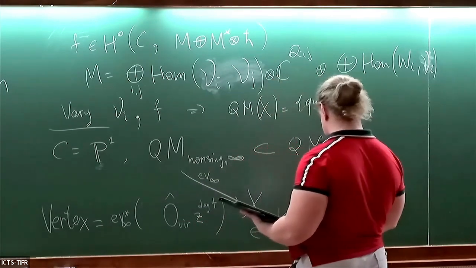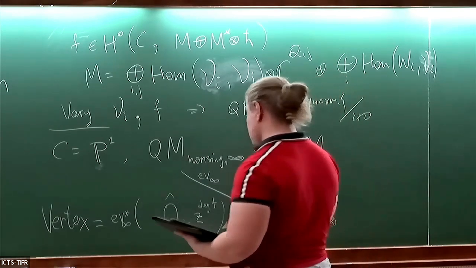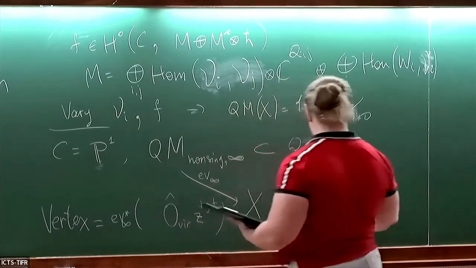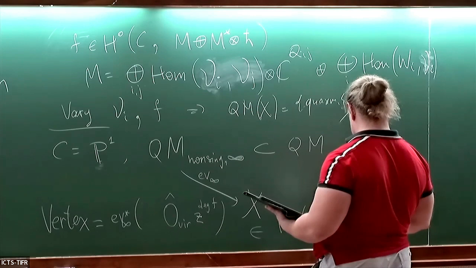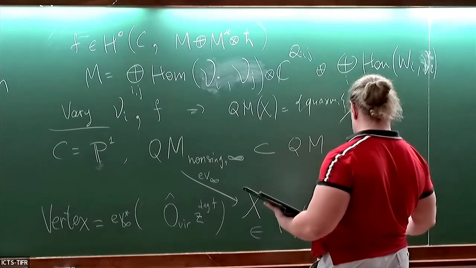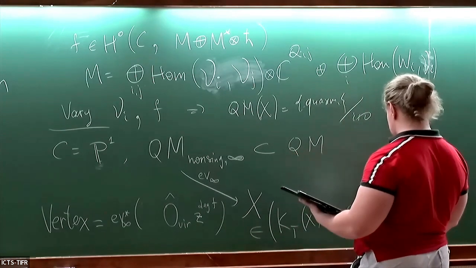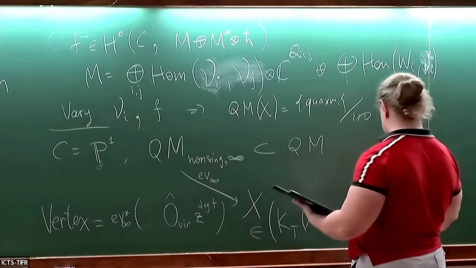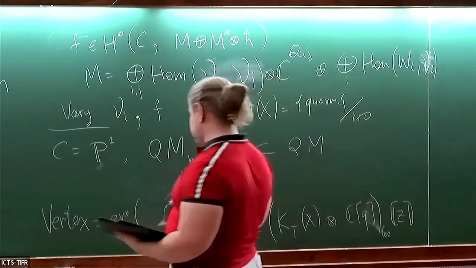Well, with an additional parameter for rotations of P1, that's localized, and then there's also this variable z that measures the degree of quasi-maps.